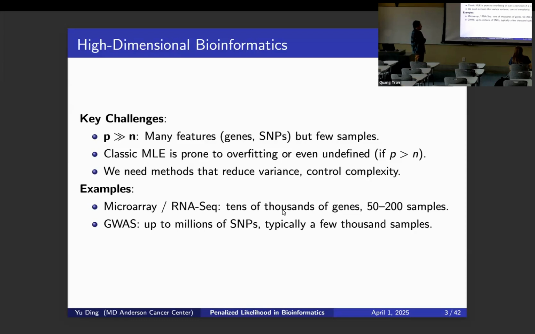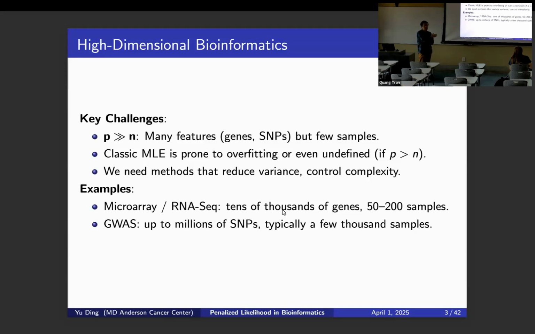In dealing with such data sets, the classical maximum likelihood estimation method is prone to overfit or even undefined. So we need a method, based on the existing method, to reduce the variance and control the complexity of the estimation problem. For a real example, microarray or RNA sequencing transcriptomic data tends to have tens of thousands of genes, but a cohort normally consists of only 50 to 200 samples.